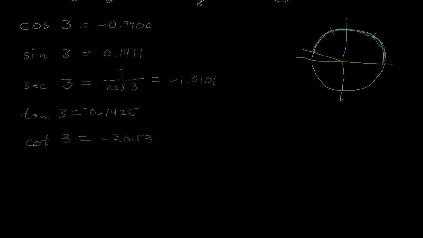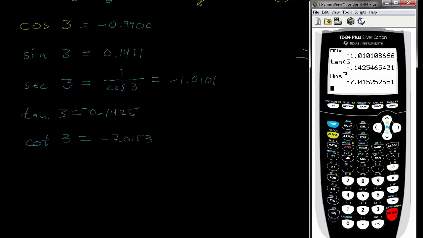These two things are both negative. If I were to actually try these approximations, negative 0.1425 times negative 7.0153 gives me something really close to 1.